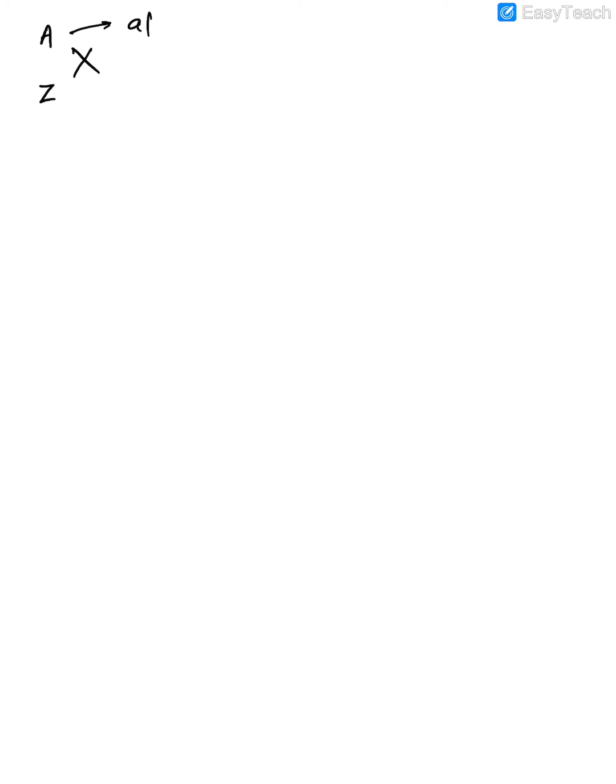A is the atomic mass number of an element, and Z is the atomic number of an element. Now what do you mean by atomic mass? It is the number of protons and neutrons together. What is atomic number? It is equal to the number of protons, or equal to the number of electrons if it's an atom.